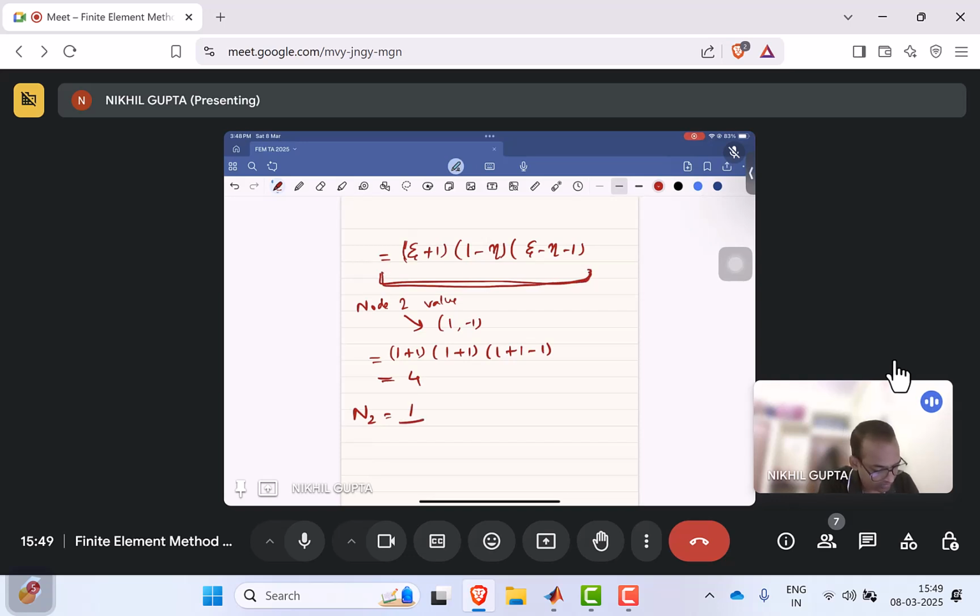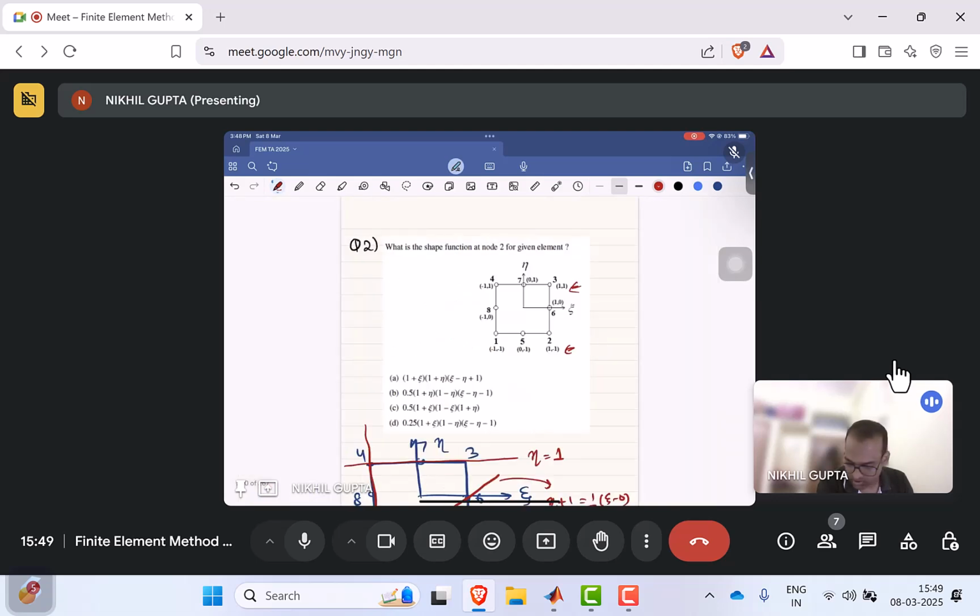So we'll multiply by 4, and this is the shape function for n2. So the answer is D. Is it clear with everyone, or should I repeat?